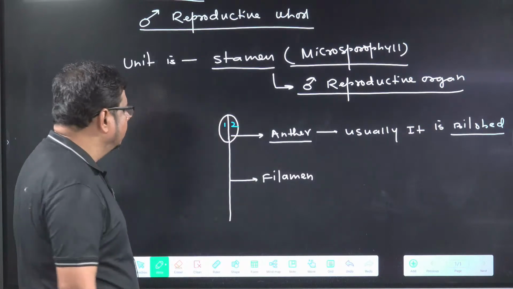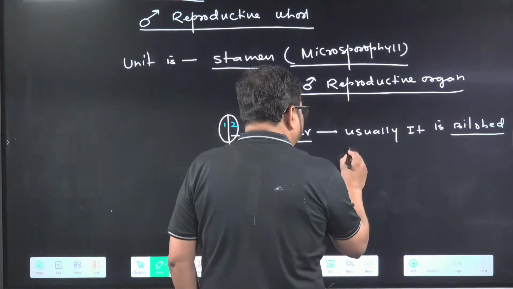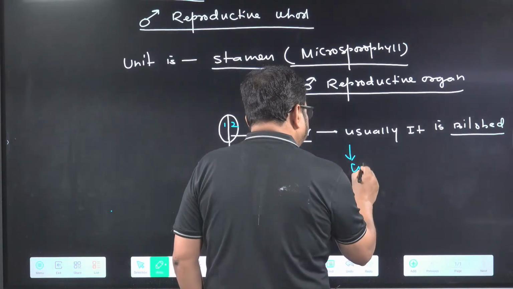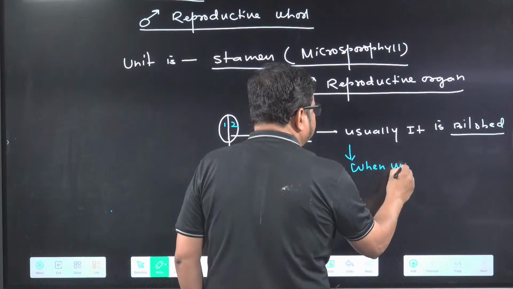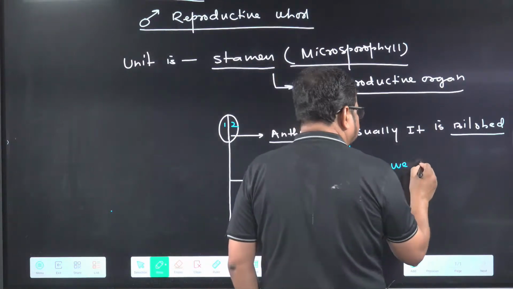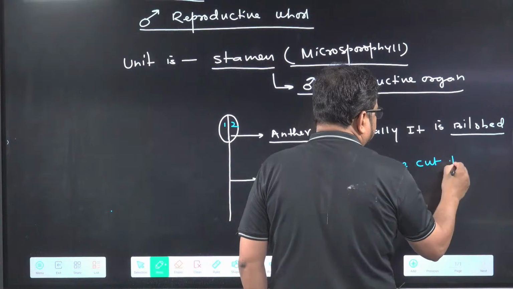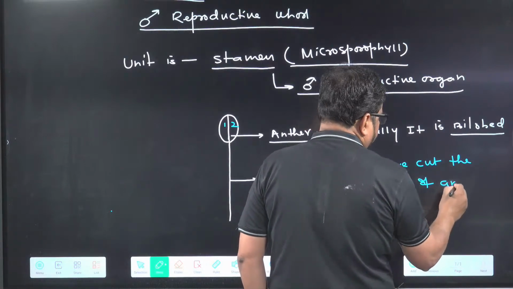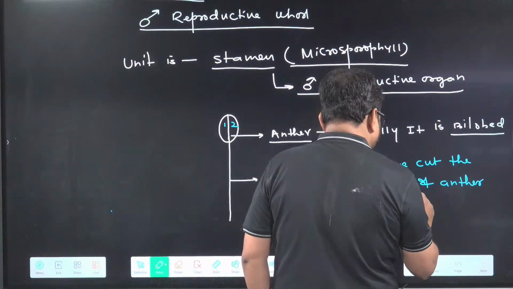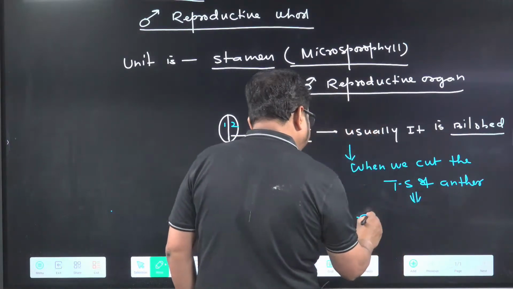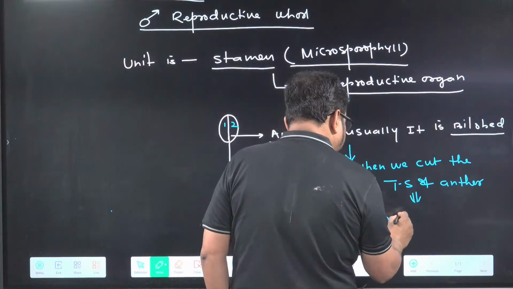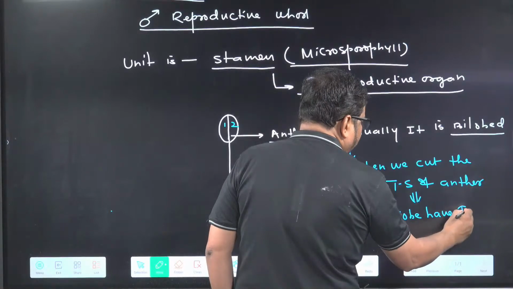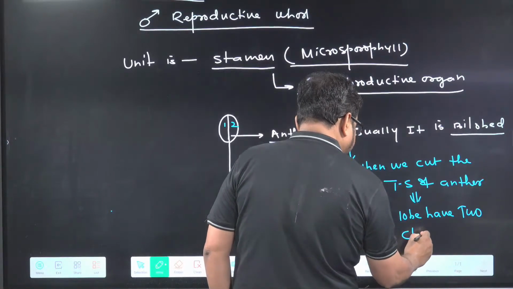Are you getting the idea or not? And each lobe, when we cut the TS of anther, what we report? Each lobe has two chambers.